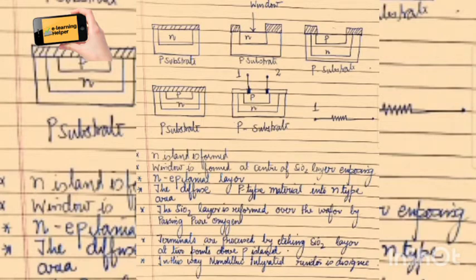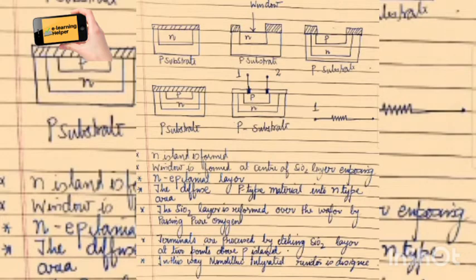Now first of all, in the first diagram we see there is a P substrate and an N island is formed. Then, through the process of etching, in the second diagram, a window is opened at the center of the SiO2 layer, exposing the N region. Now we will remove the SiO2 layer. In the second diagram, the window is depicted in the figure.